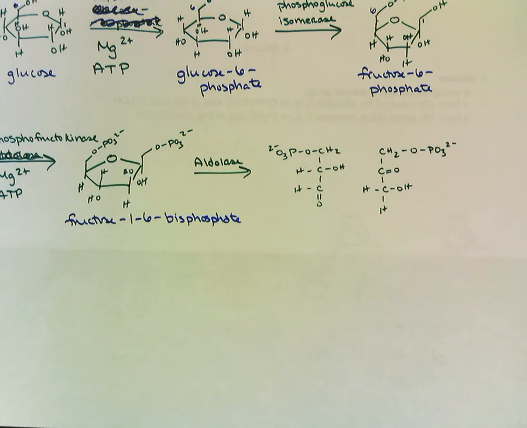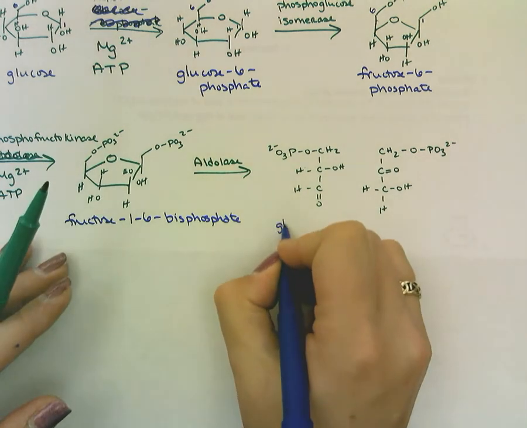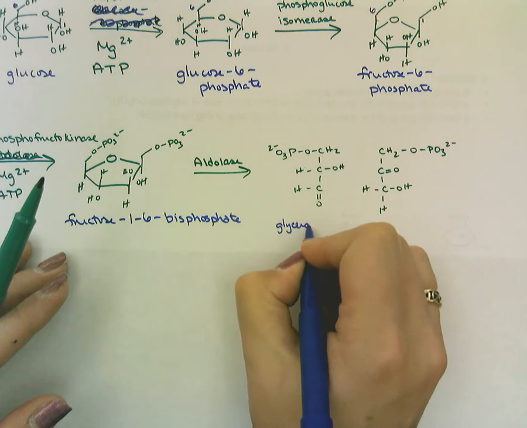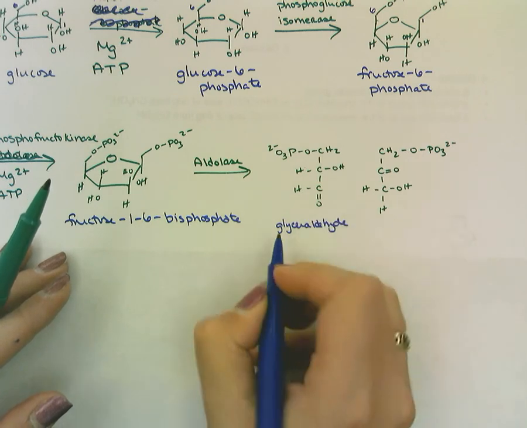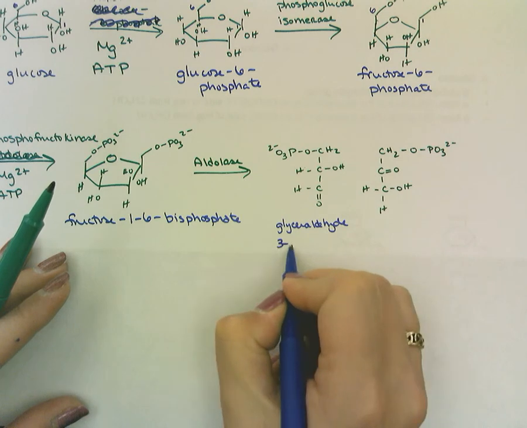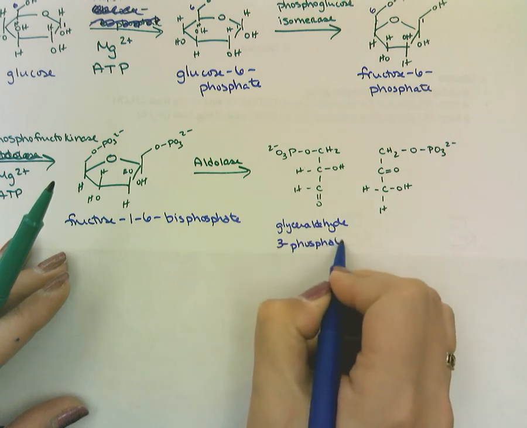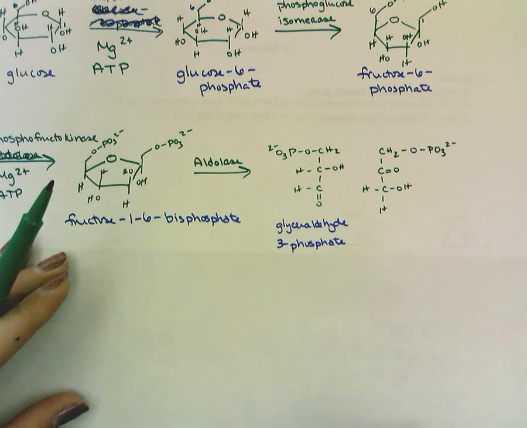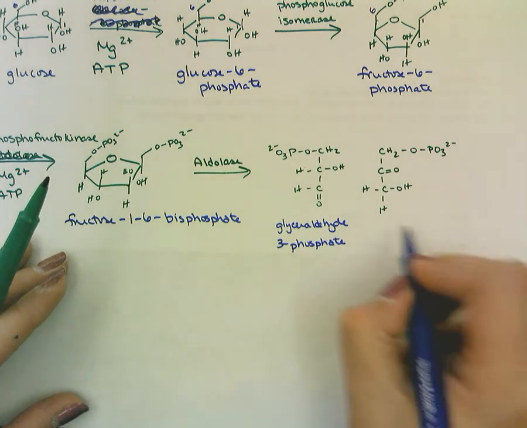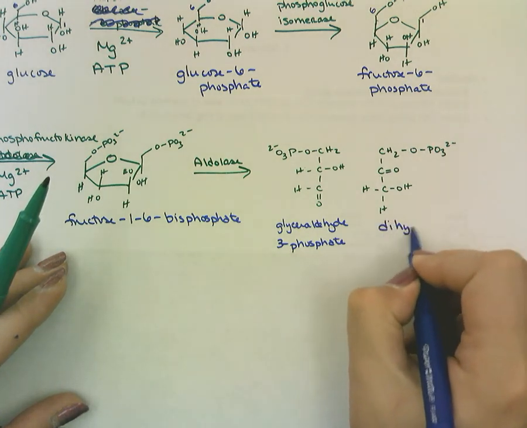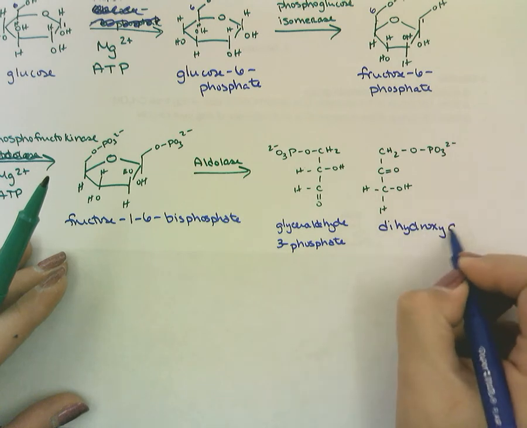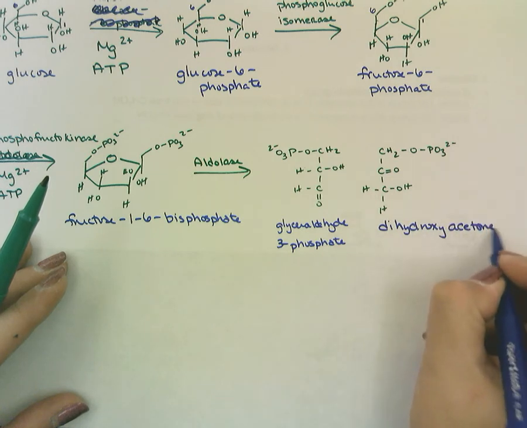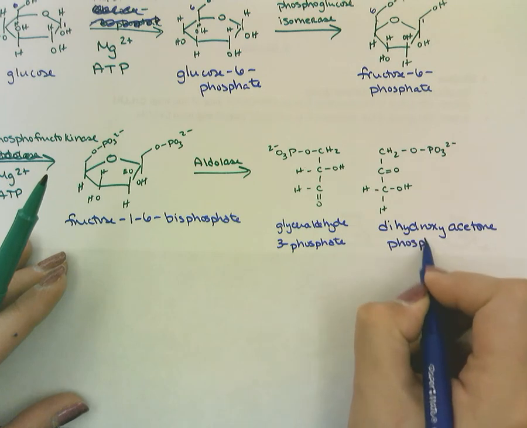Now we have our 2 3-membered rings. One's going to be glyceraldehyde 3-phosphate, and the other one is dihydroxyacetone phosphate.